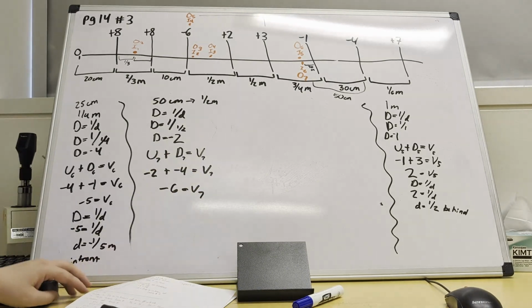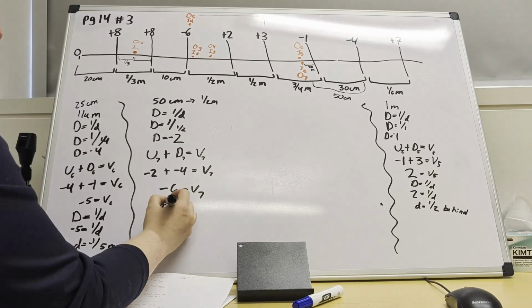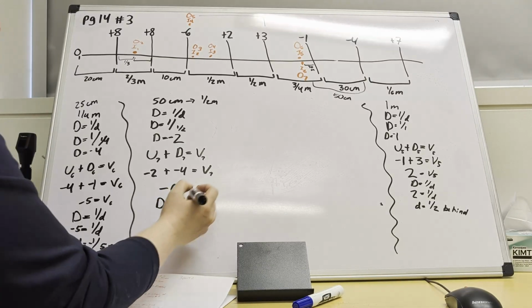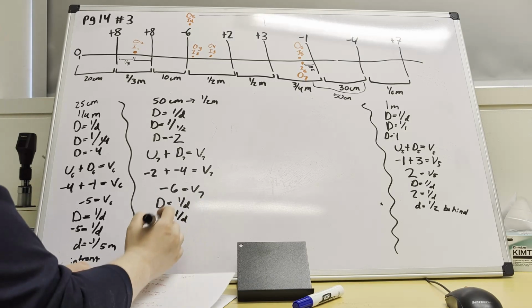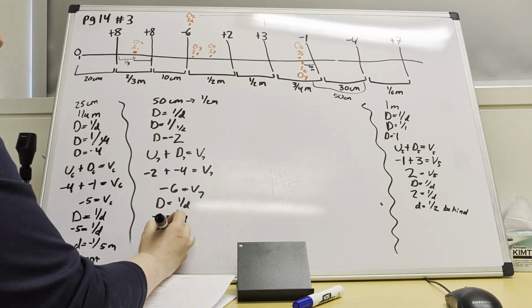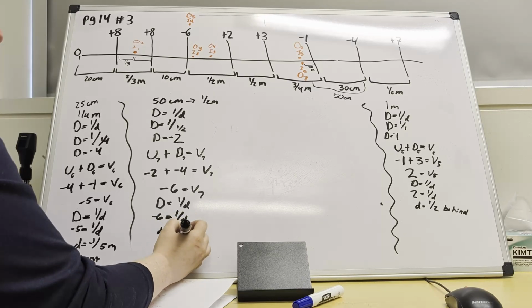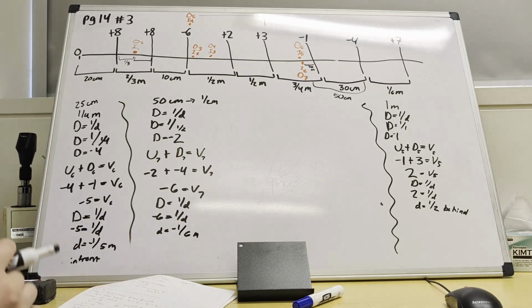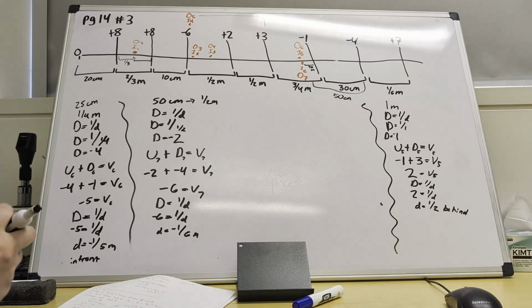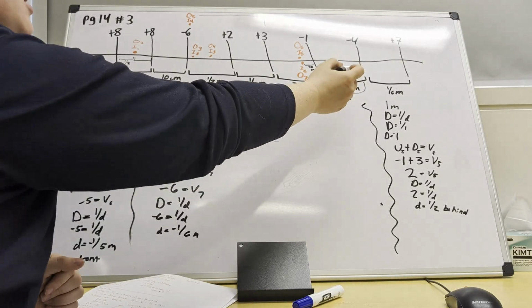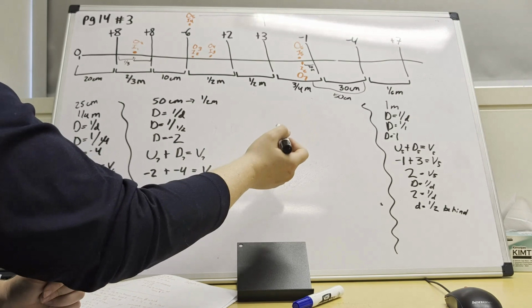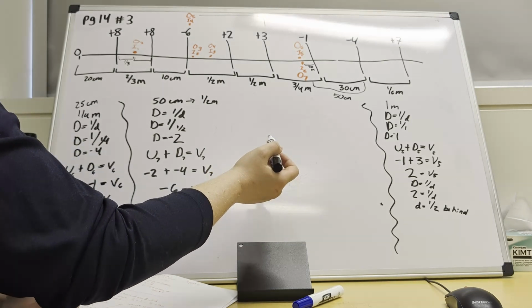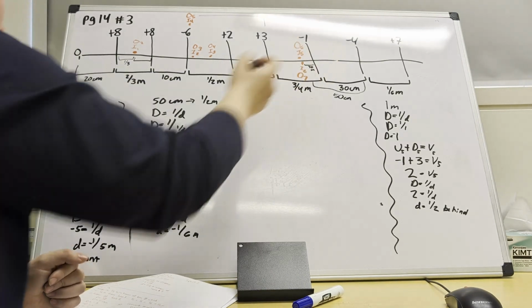V7. We gotta make this back into a distance. Diopters equals 1 over distance. -6 equals 1 over little d. Little d equals -1/6 of a meter. So negative means it's in front. 1/6 of a meter in front is going to be somewhere in the middle up here.